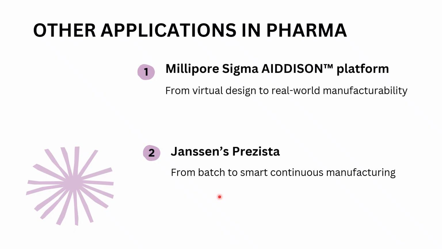And then Janssen's Prezista, an anti-HIV drug. This exemplifies the shift from batch to smart AI-driven continuous manufacturing for greater pharmaceutical efficiency and quality.